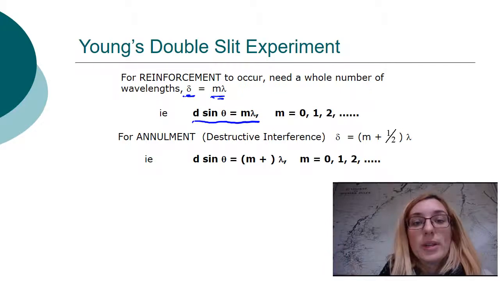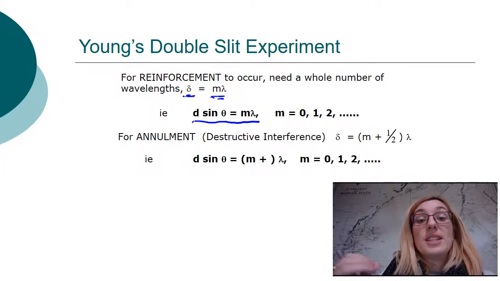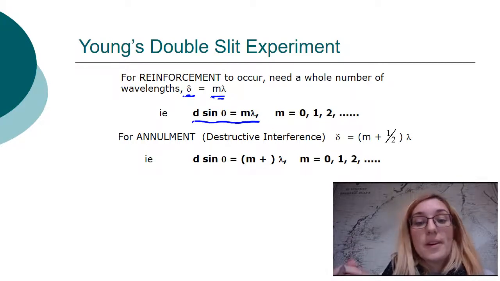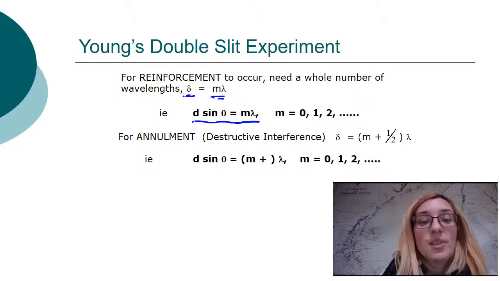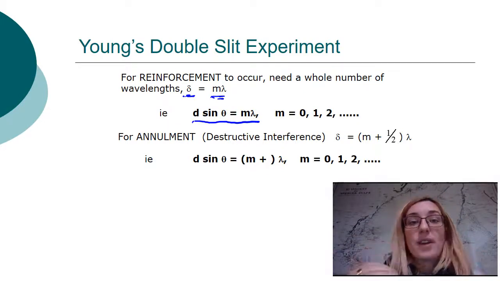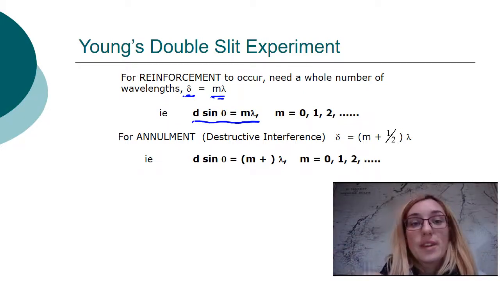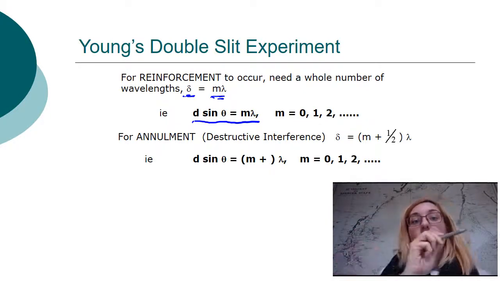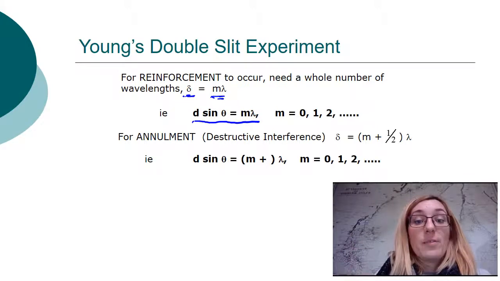If we're asked in a question to find anything to do with the dark fringes on the screen, or the patches of annulment, or the destructive bands, then we need to figure out what changes in our formula. If we have destructive interference, or annulment, it means the waves are going to be out of phase by exactly half a wavelength, so that we have peak meeting trough, which means the wave is annulled.